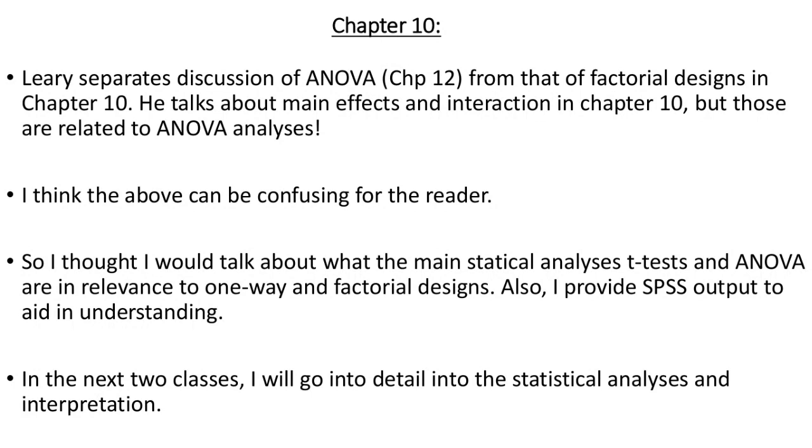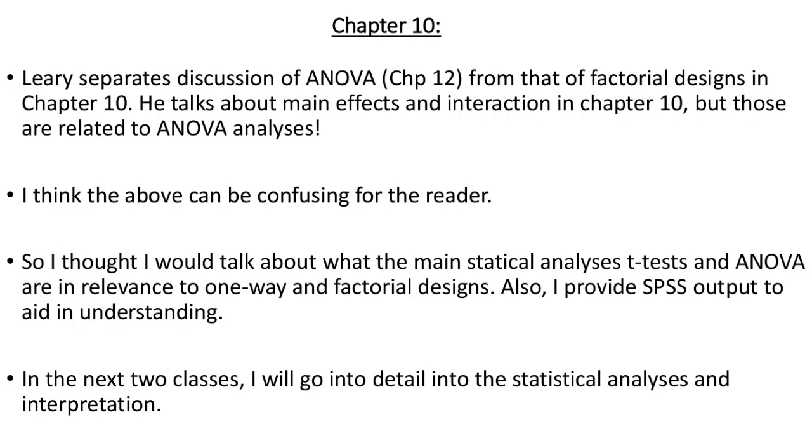In terms of the textbook, Larry separates the discussion of analysis of variance, chapter 15, from that of factorial designs in chapter 10. So it's surprising that he doesn't talk about main effects and interaction in relation to ANOVA analysis. So I'll try to combine that.